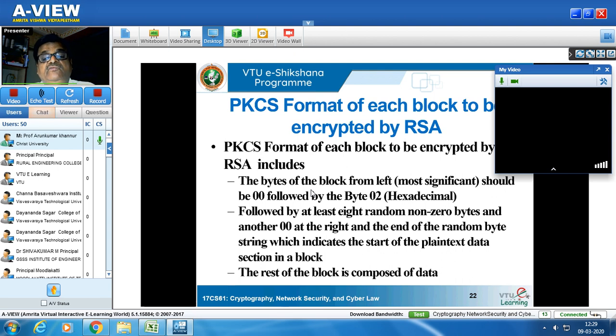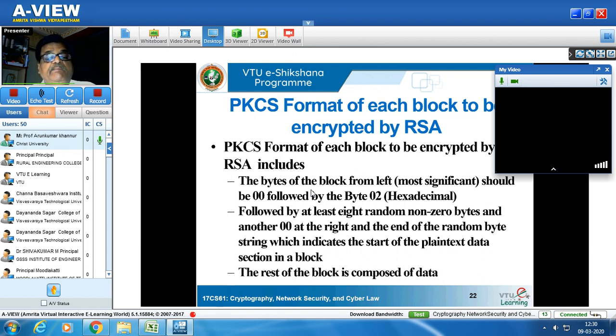So 00, 02, then 8 random non-zero bytes, and another 00 at the right end of the random byte string, which indicates the start of the plain text data section in the block.